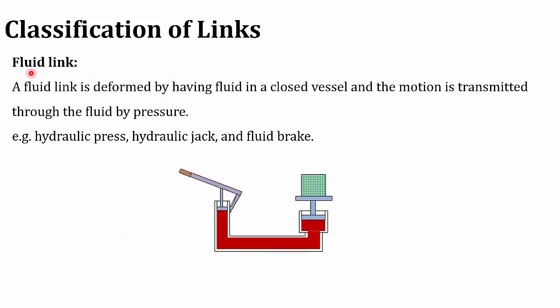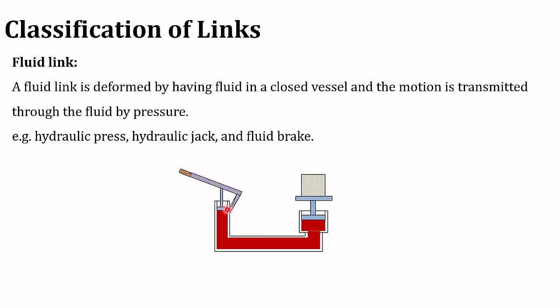Then the third link is the fluid link. In the fluid link, the fluid is used as a member to transmit the motion. The motion is applied at one part of the fluid, and in the other part of the fluid, we can get the output motion. Examples are the hydraulic press, hydraulic jack, and fluid brake.